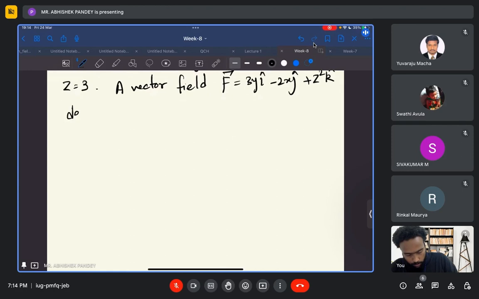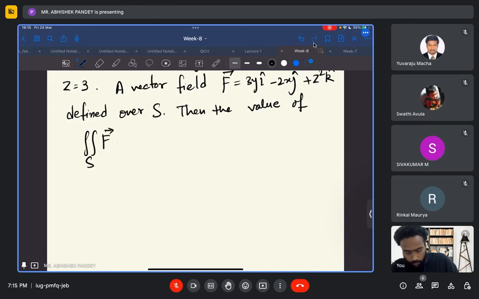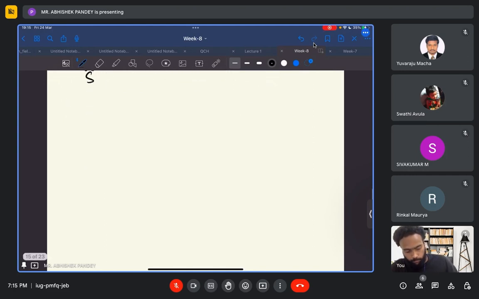defined over S, then the value of the double integral over S of F cap dot n cap dS is equal to, this we need to find out.